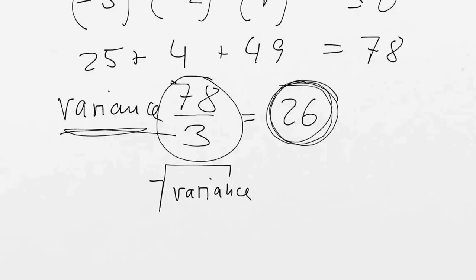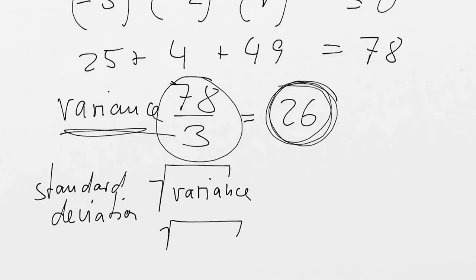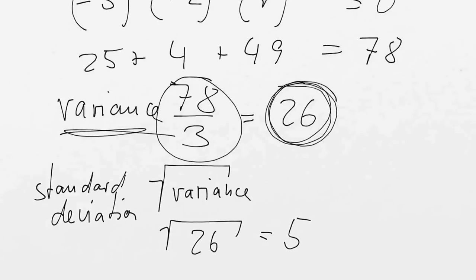And the name for that is standard deviation. So the standard deviation here would be the square root of 26, which is something along 5.09, so 5.1, something like that.